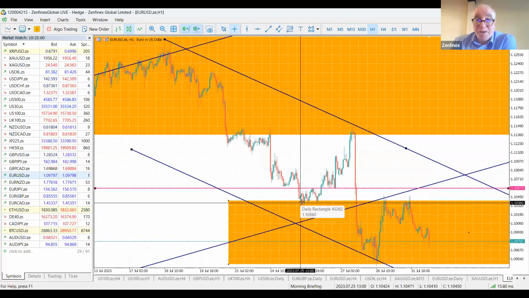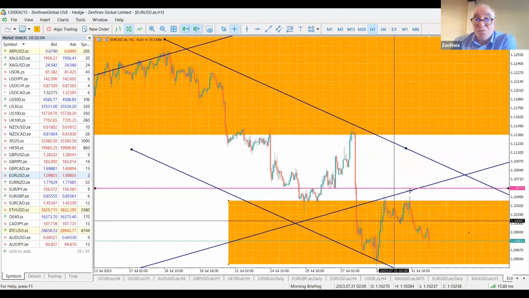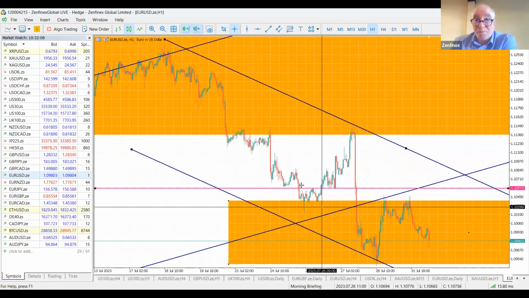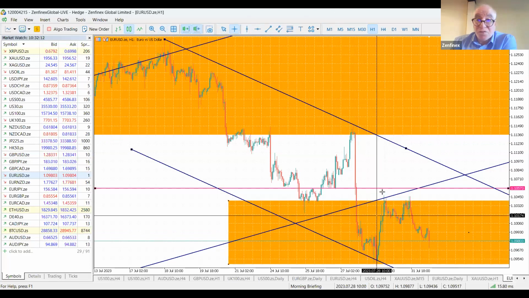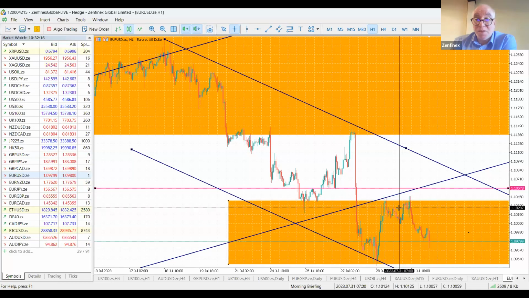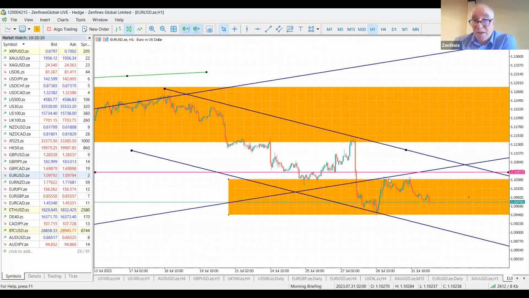It came down, hit this level, and look, it came back to retest. So clearly this is an important level. Came down to it, bounced off it, smashed through it, rejected. So this level of support has now turned into resistance. So for us, any long trade has to break through this level here.